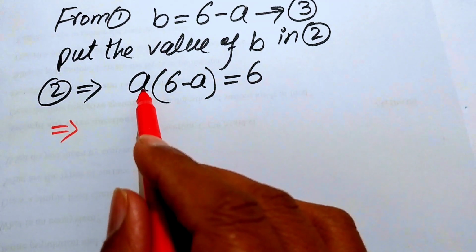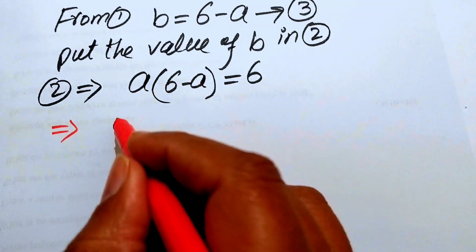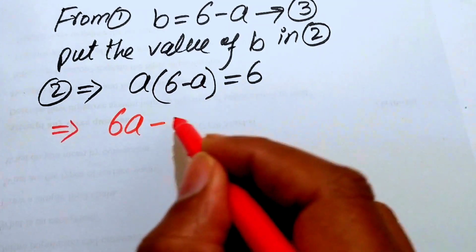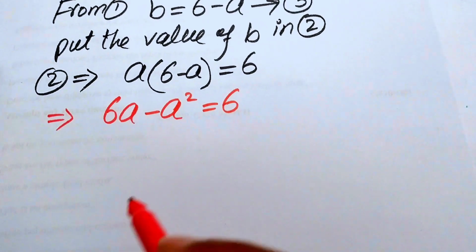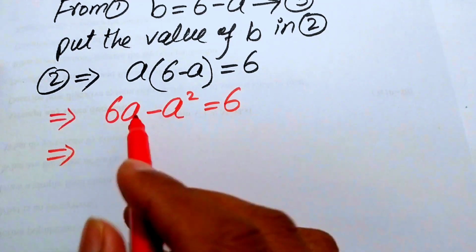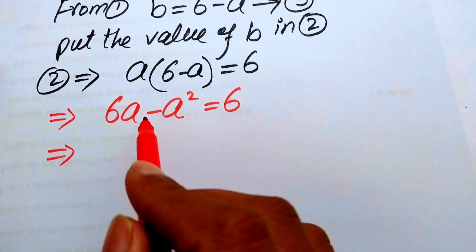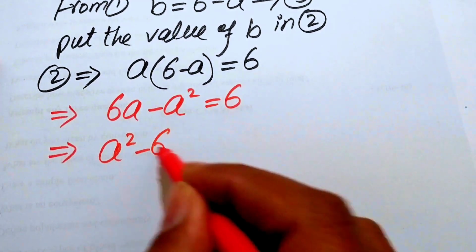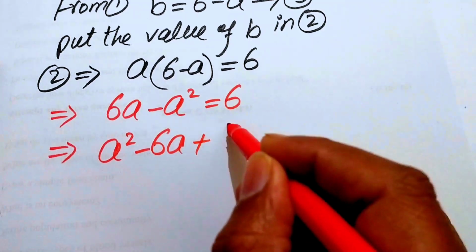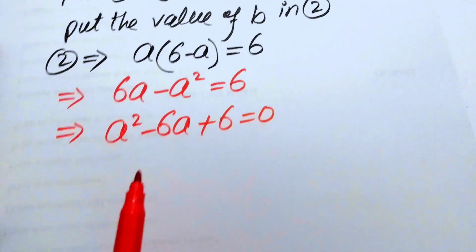First we multiply this a on both of these terms and it will be written as 6a minus a square equals 6. After that we move all the terms to the right hand side and it becomes a square minus 6a plus 6 equals 0.